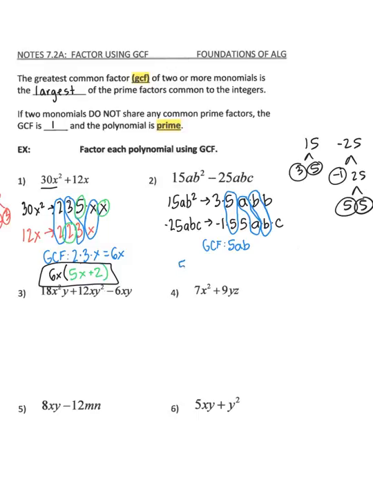That's what's going to go out front, 5ab. And then all my leftovers go inside. So I've got 3b for my first term, and I've got negative 1 times 5 times c, which is negative 5c. And that is my final answer.